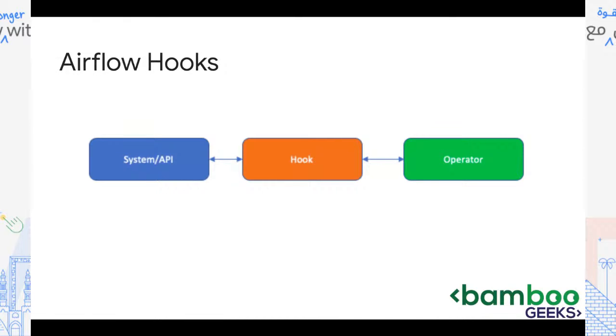So we can think of the operator as the public thing that is going to be interacting with the code. Then the hook is the one assuring that connection and assuring that the service can be integrated by Airflow. So before having operators, we have hooks. The hook is the one that integrates that service into the pipeline. Let's imagine that we have a service X that is not yet integrated with Airflow.